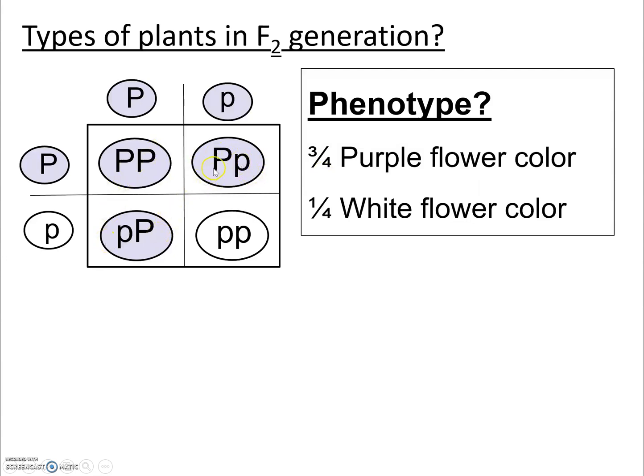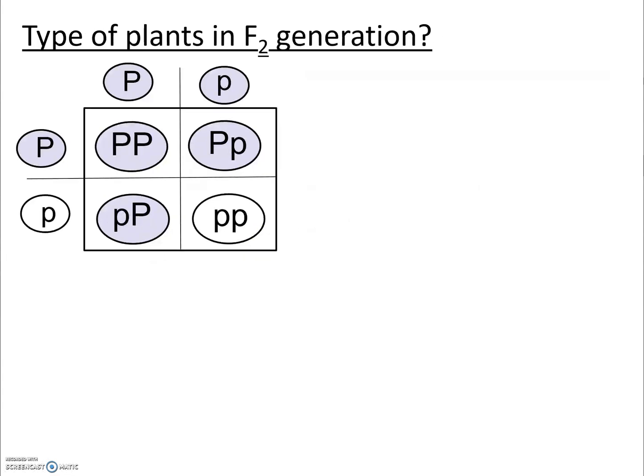But notice, there is a difference in terms of the genetics for these plants. The dominant trait is overshadowing the recessive trait in 75% of that population. But for these guys over here, the phenotype is actually coming from that recessive trait. So you're not actually seeing the effects of that purple color gene here.